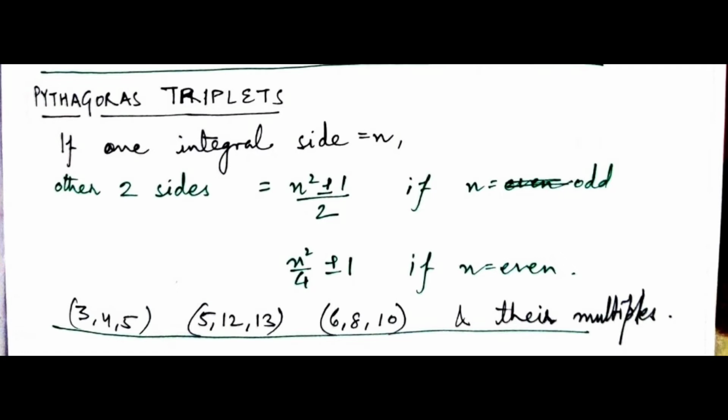So we should remember the first three triplets: 3, 4, 5, 5, 12, 13, and 6, 8, 10. And any of their multiples, for example, for 3, 4, 5, we get 6, 8, 10. That would also be a Pythagorean triplet.